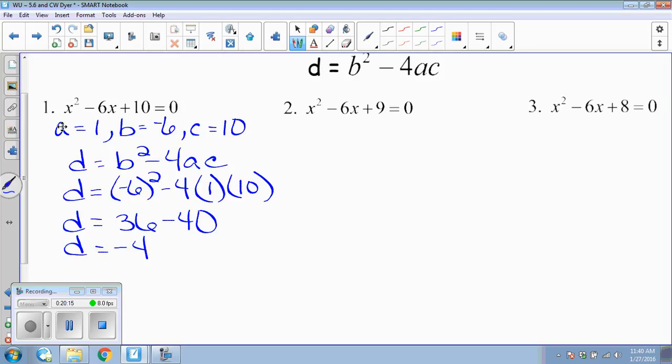So the discriminant is negative. How many solutions and what kind? Are they going to be real or imaginary? And how many? 2. So therefore, and does anybody know that this is the little symbol for therefore? 3 dots in a triangle means therefore. Therefore, 2 imaginary solutions.